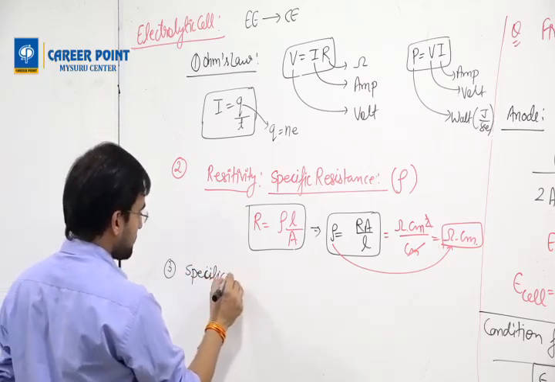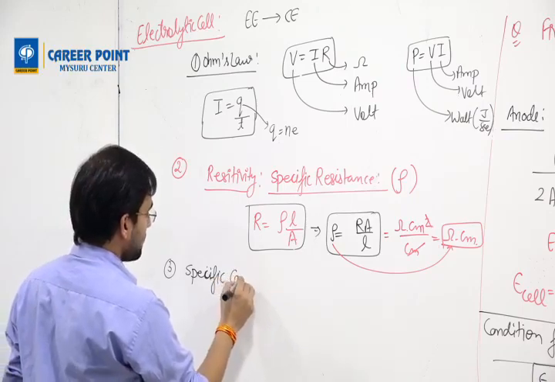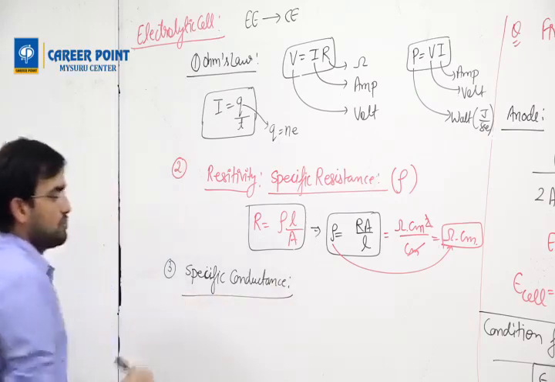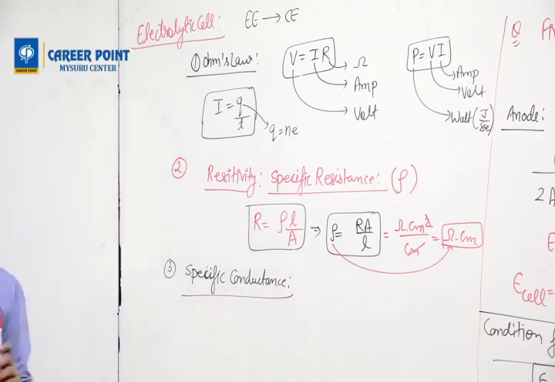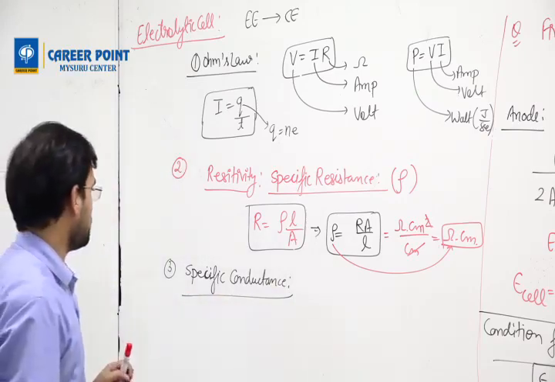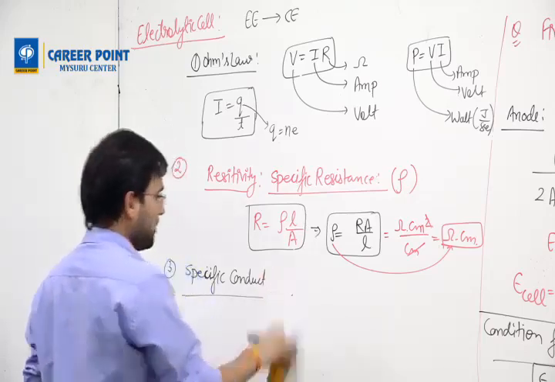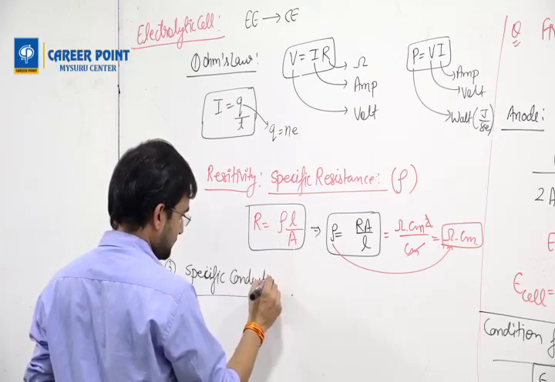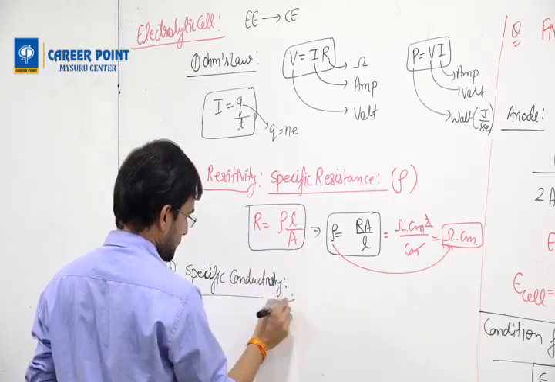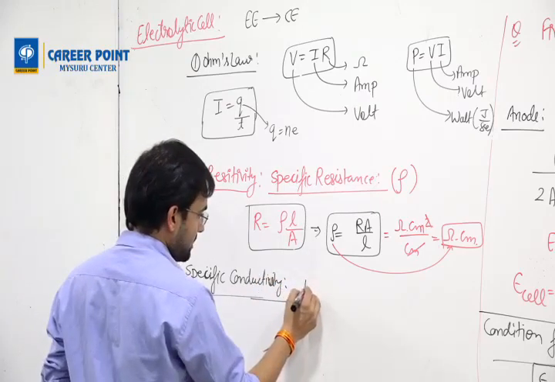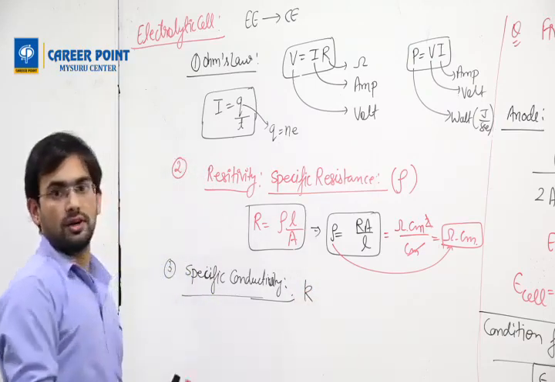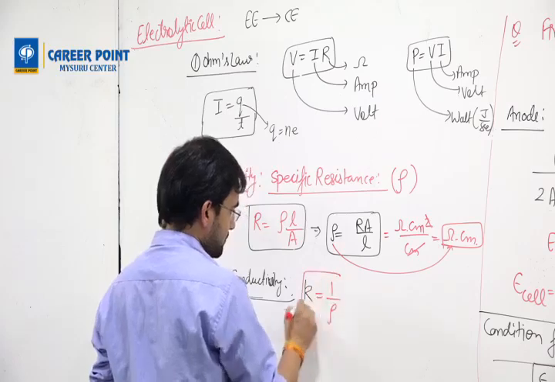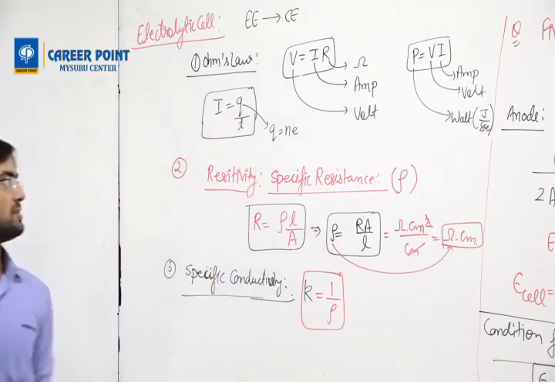specific conductance, or specific conductivity also. This is denoted by K. It is the reverse of rho, that is specific resistivity.